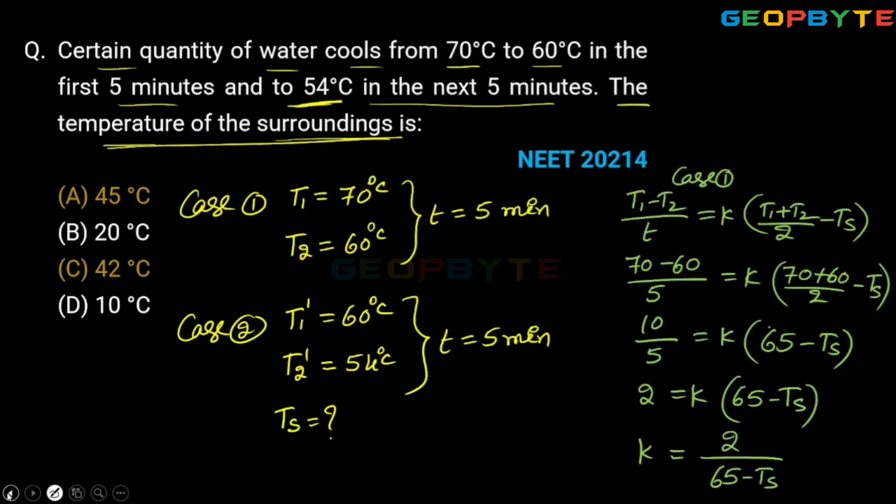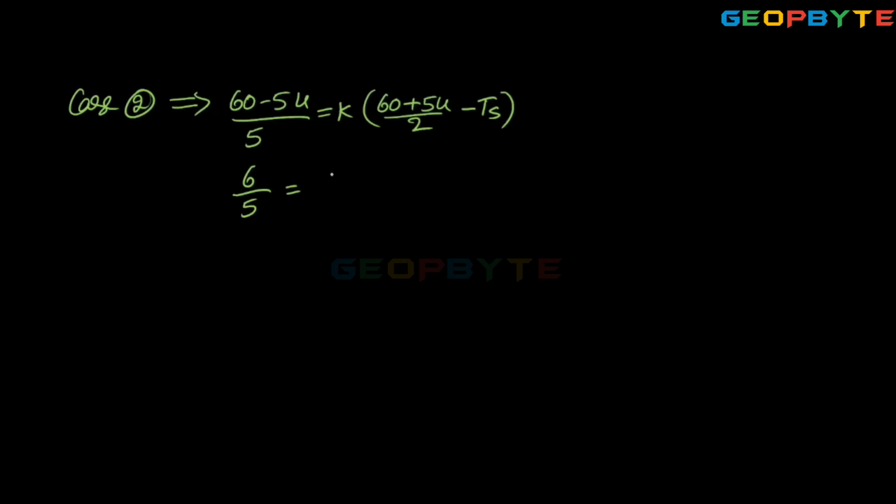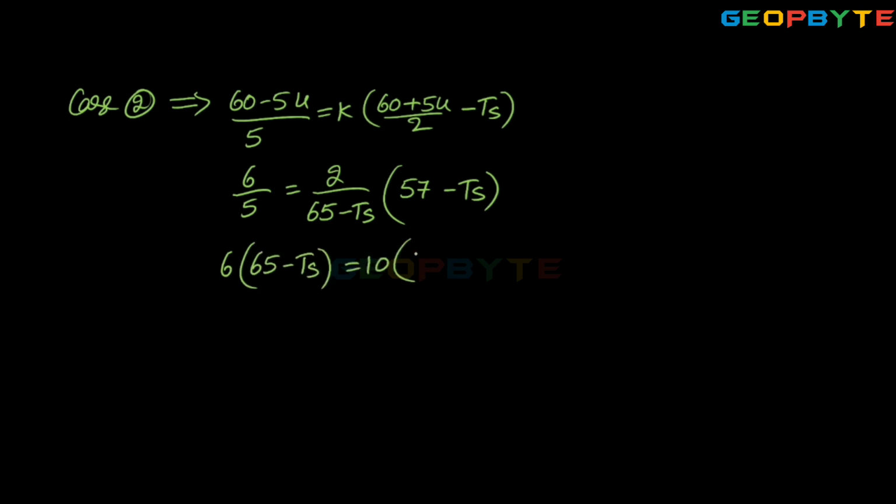The K value you got is K equal to 2 by (65 minus Ts). So 2 by (65 minus Ts) into (60 plus 54, which is 114, divided by 2, which is 57, minus Ts).